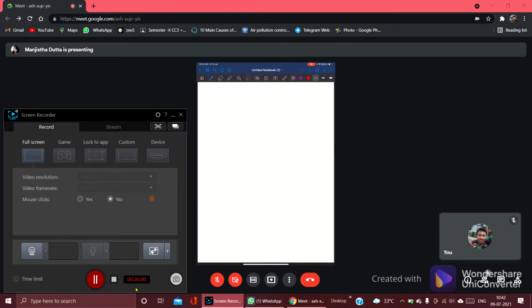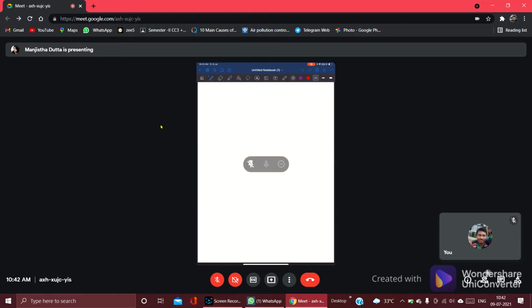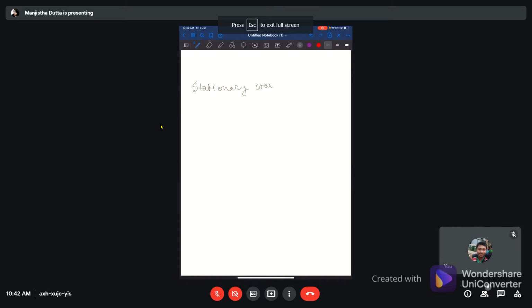So we were discussing stationary waves, right? We know that there is a fixed end at x equal to 0 and x equal to L, and the stationary waves are formed like this.